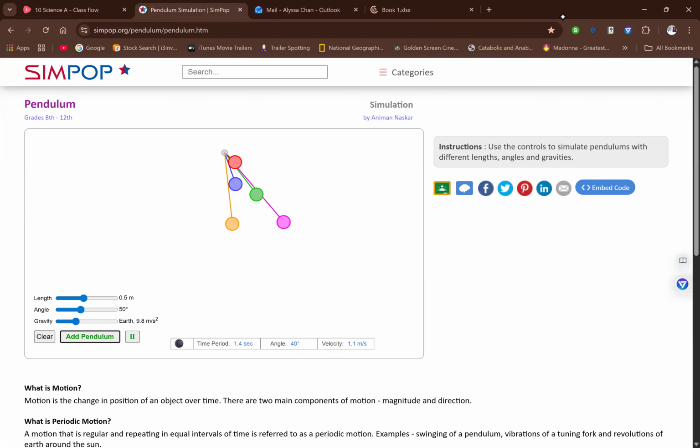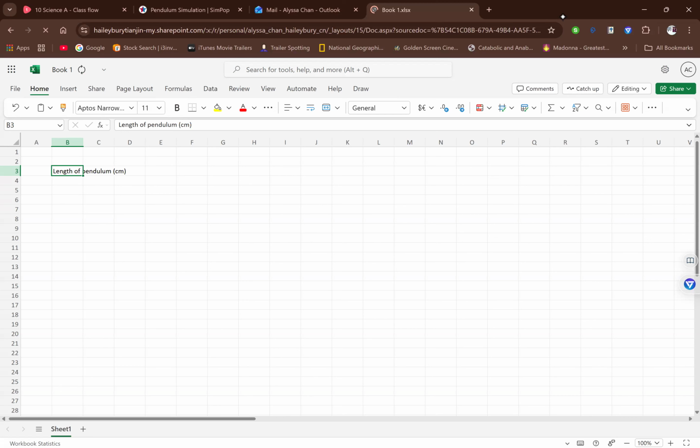Oh, so it's in meter. So I need to change it back to meter. Hang on. Change this to meter. So length of pendulum.